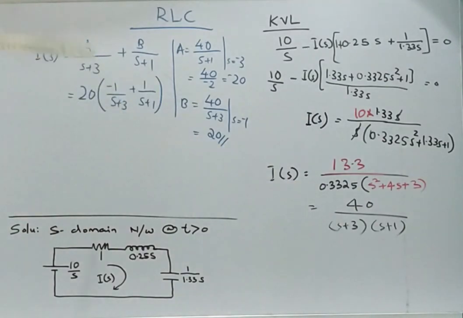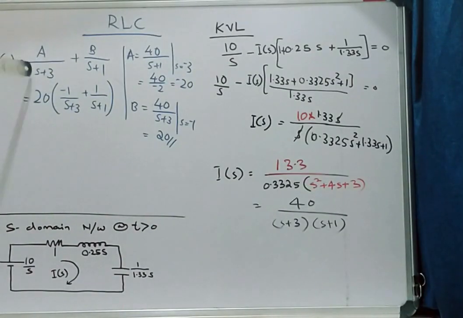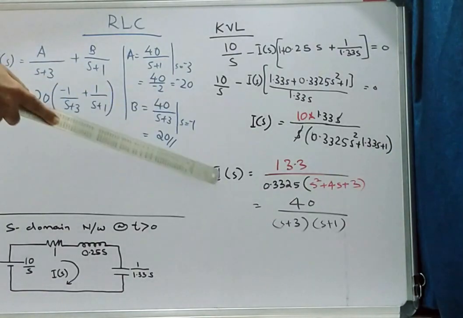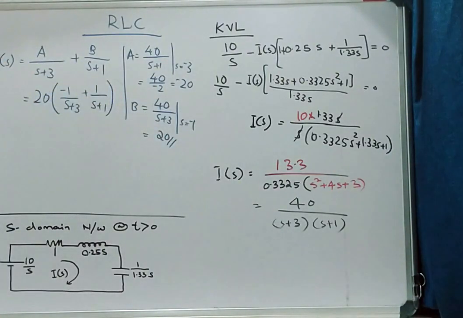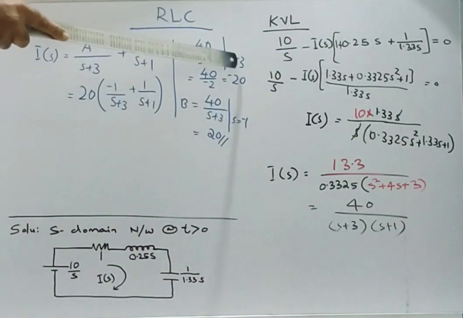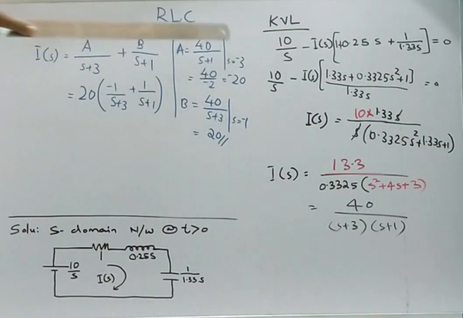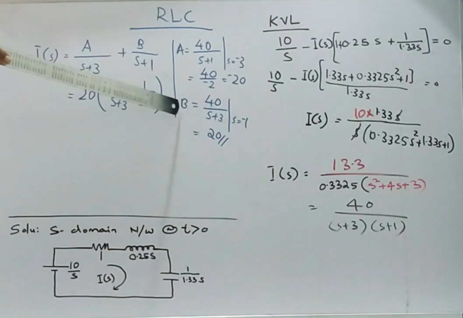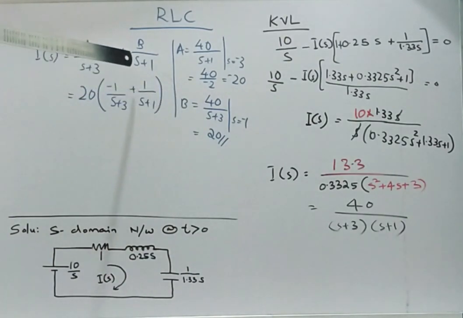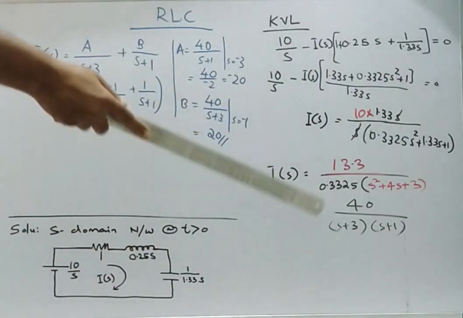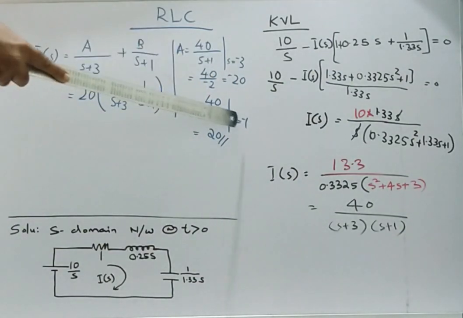This equation can be written as I(S) equal to A divided by (S plus 3) plus B divided by (S plus 1). A can be obtained by multiplying I(S) by (S plus 3) and setting S equal to minus 3. After solving, we obtain A as minus 20. Similarly, we obtain B by multiplying by (S plus 1) and setting S equal to minus 1.